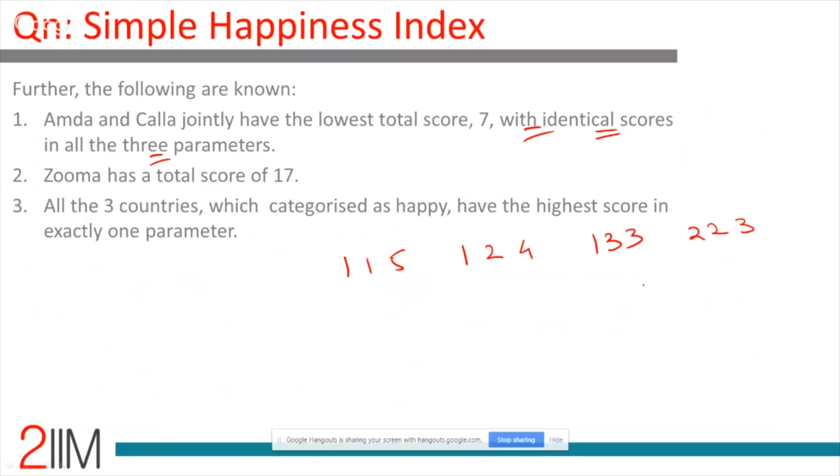And so these are the possibilities for this. And so they've got identical scores. You can have a 115, 115, 124, 124, 133, 133, 223, 223. This should be the scores for Amda and Kala in some order. And so let's look at this and let's see which of these is possible.